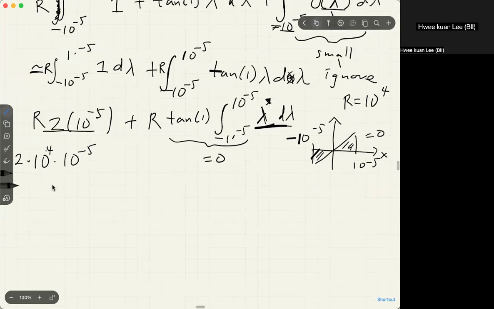So the whole integral I put back, okay, in terms of x. Let's write it out.